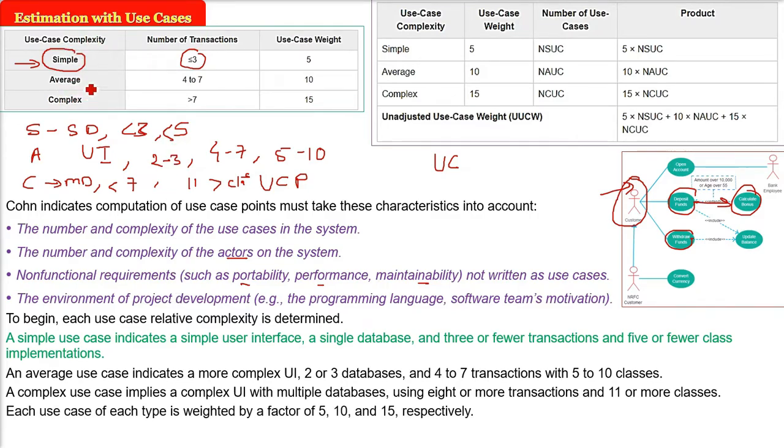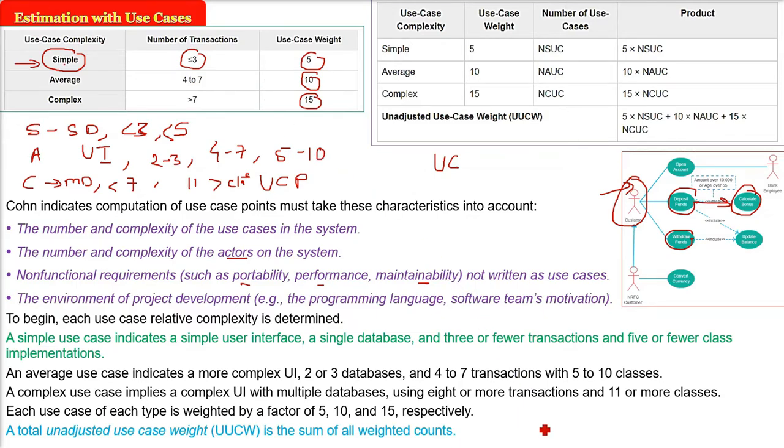Now every use case complexity has a weight. For example, simple will have a weight of 5, average a weight of 10, and complex a weight of 15. This is the way we find the UUCW. UUCW is simply the unadjusted use case weight, and this is the sum of all weighted counts.